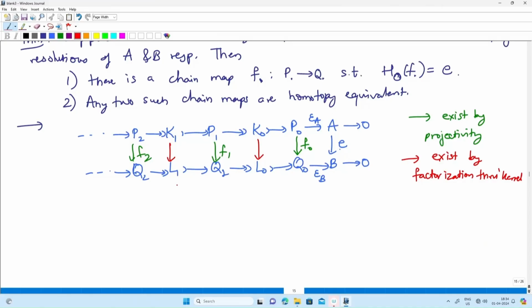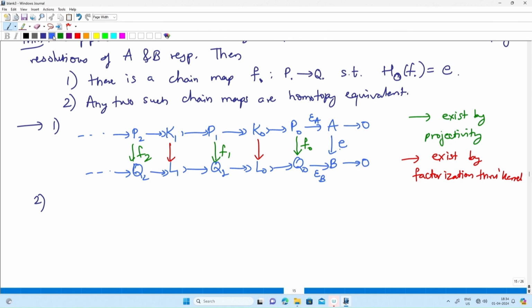Okay, so now we have lifted, we were able to lift this in the first place, and now the second proof. Now, if we are given two chain maps, then we should be able to show that they are homotopy equivalent. So one such diagram looks like this.